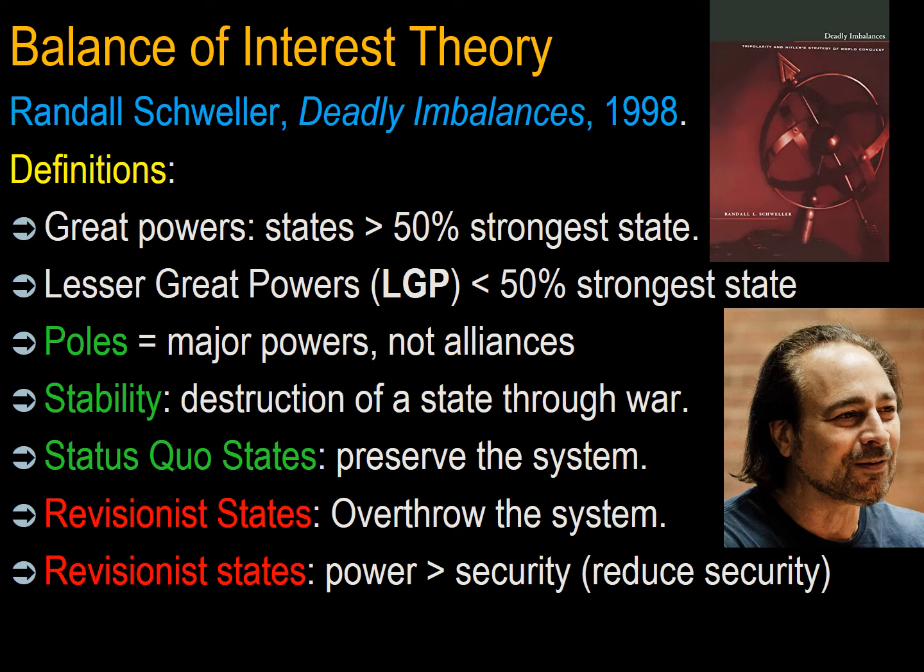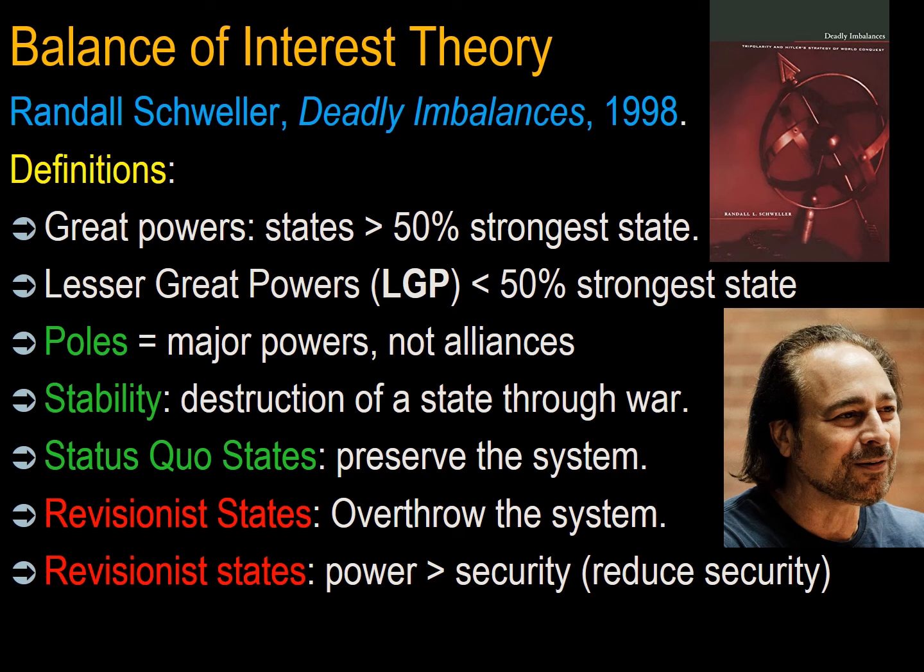Now, balance of interest theory. This is a theory developed by Randall Schweller in his book Deadly Imbalances, written in 1998. So great powers are all states that include the most powerful and all other states that are no weaker than 50% of the power of the top state.